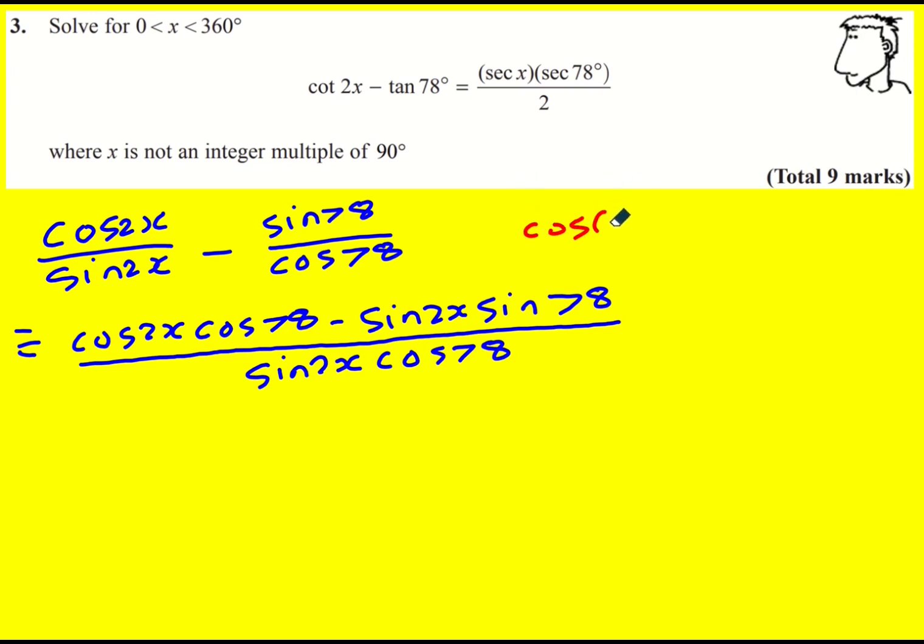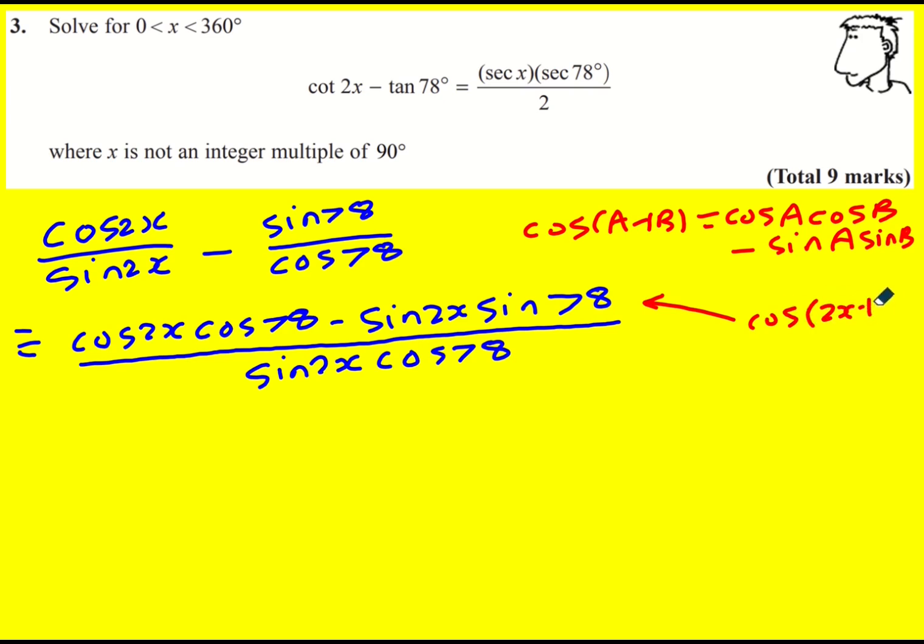Cos a plus b is cos a cos b minus sine a sine b. So in fact this here is going to become cos of 2x plus 78.